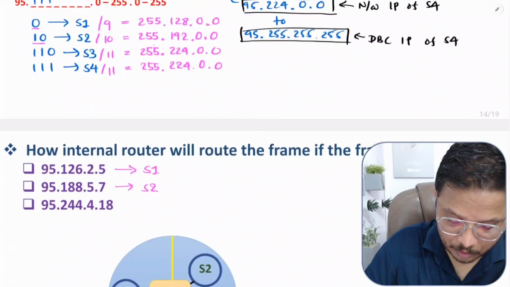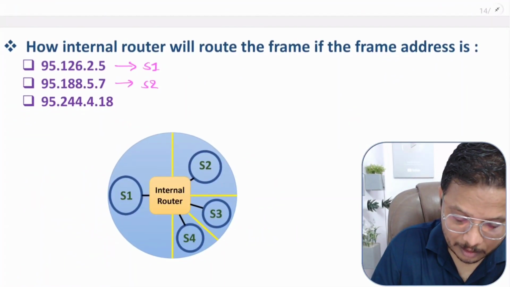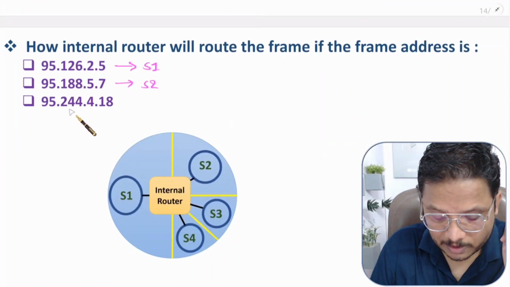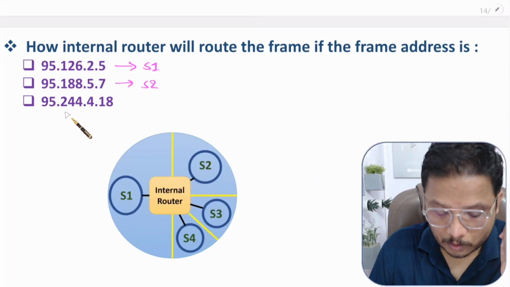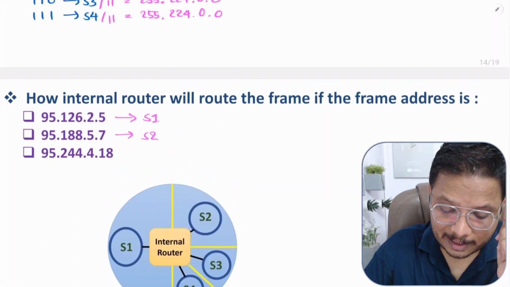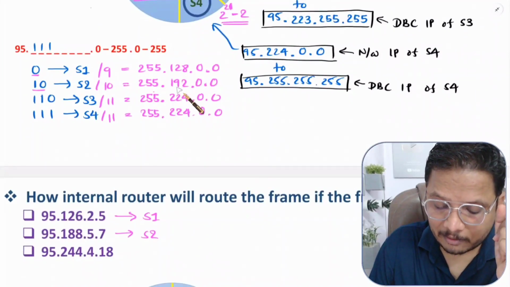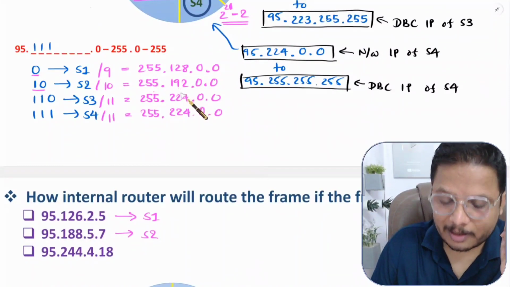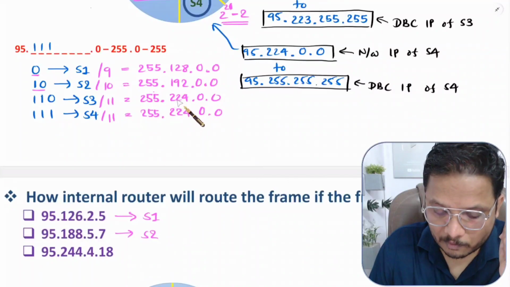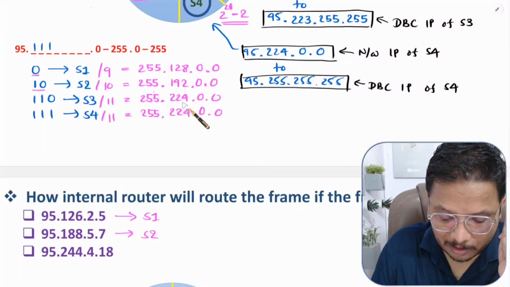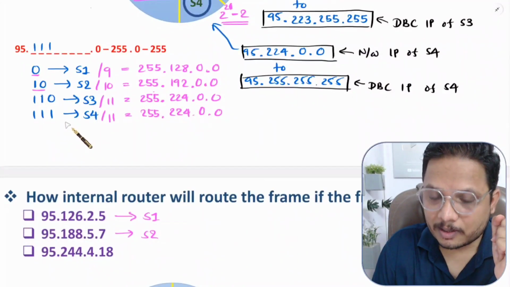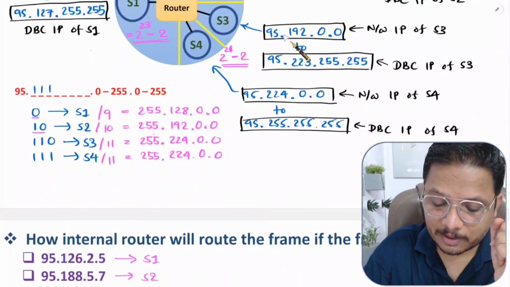But when it comes to the second octet 244, that is obviously greater than 192. At that time, the router will have to see which subnet the IP belongs to. Here we have calculated that range too.